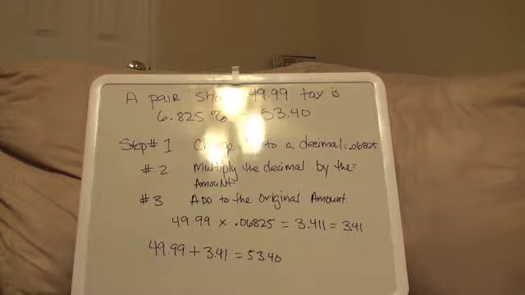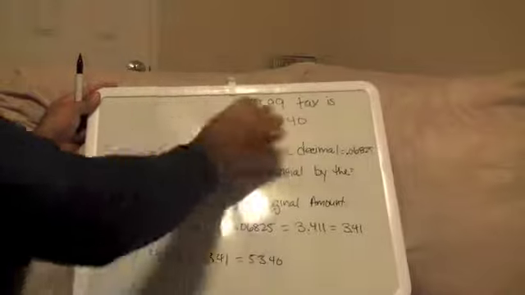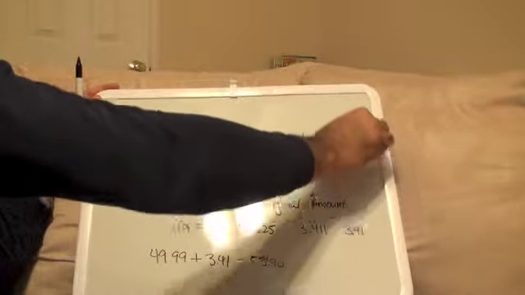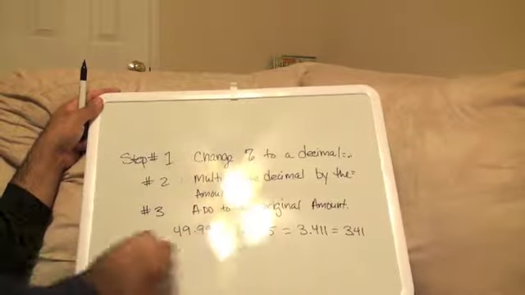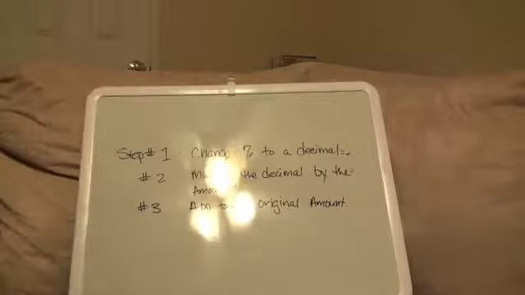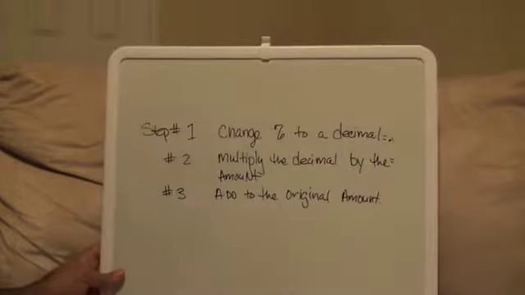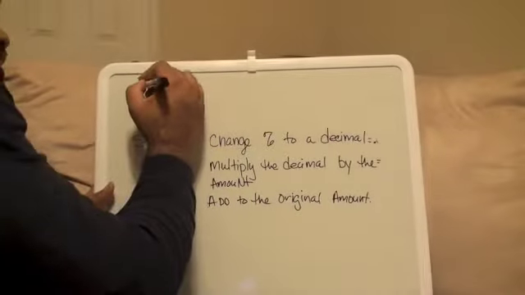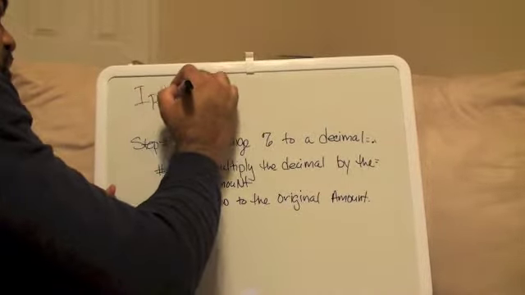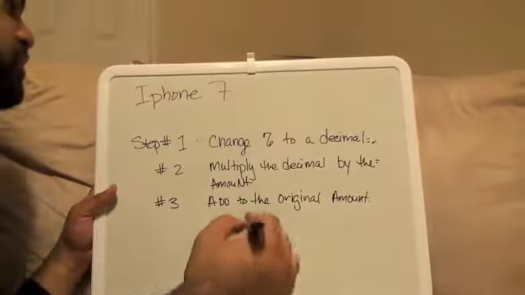So, let's do another one. Let's say, for example, you want to get an iPhone 7. Yeah, they don't even make that yet. So we have an iPhone 7. Let's say you have a friend that has a new smartphone, iPhone 7, not even out yet.